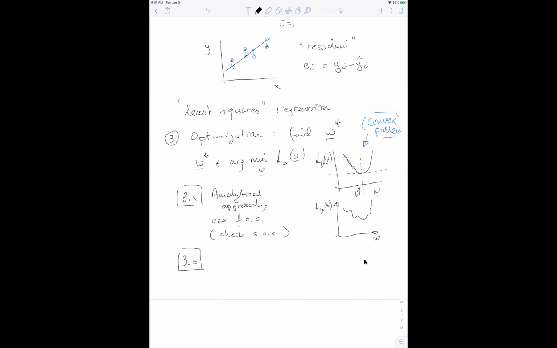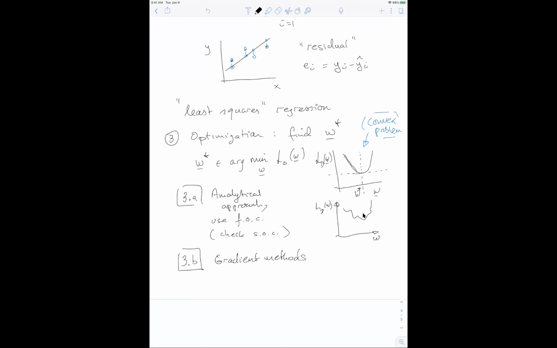But if the problem is much more messy, for example, if your model class is not linear, but is, let's say, a neural network, then you're going to have a loss function that's all kinds of crazy. And there won't be an analytical solution to the global minimum. What you would typically do instead is use gradient methods.